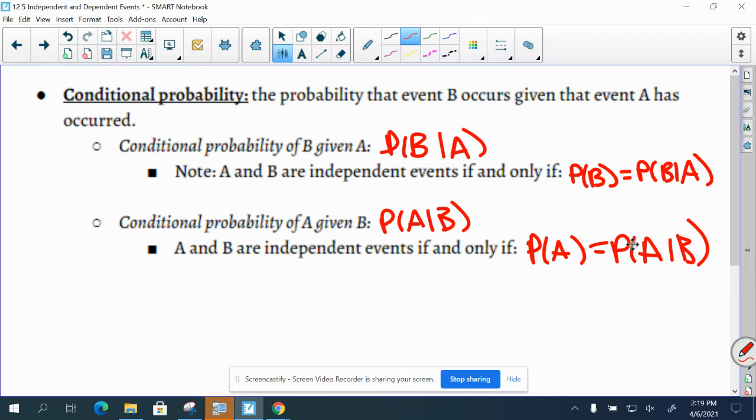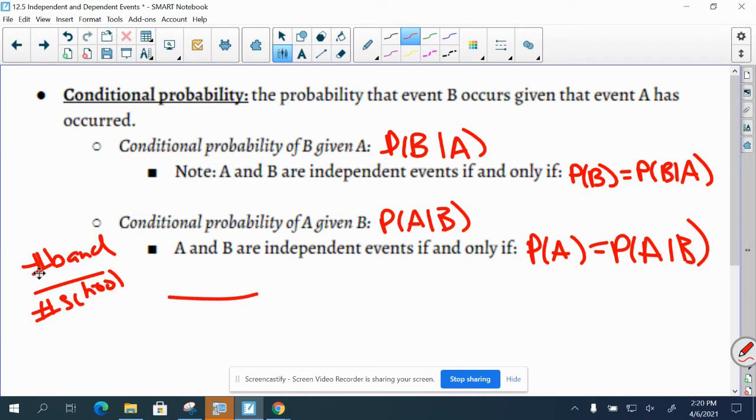So I like to think about it as like the probability that the students are in the band. So you would do the number of students in the band over the number of students in the whole school. But what if we're talking about the probability that they're in the band given that they're in 8th grade?